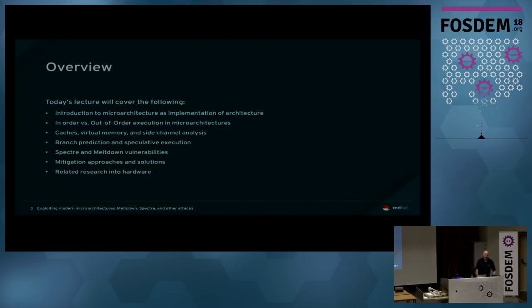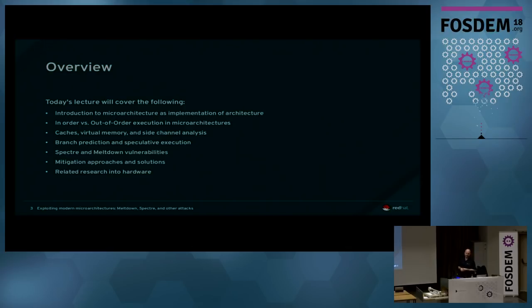So today's class is going to cover, I did take this from the deck I showed at Stanford, so it was a lecture at that time. Today I'm going to cover the difference between architecture and microarchitecture, some variations of microarchitecture, so what that means in the real world. I'm going to talk about caches and virtual memory and branch predictors, which are some of the pieces that you need to exploit to make these kinds of attacks successful.